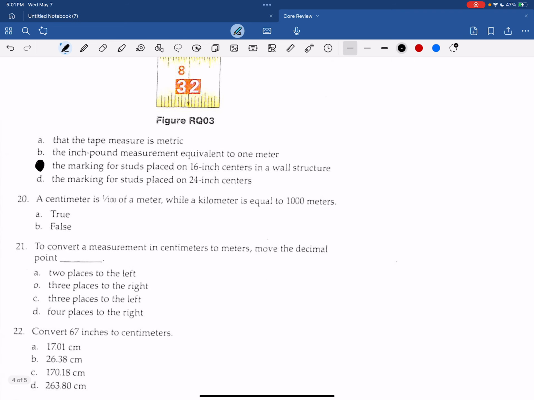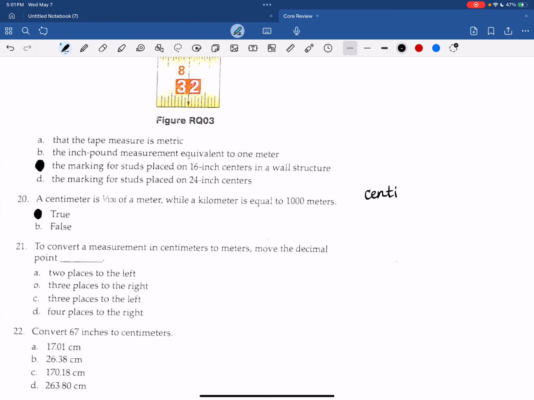Number 20 is a true-false question. A centimeter is 1/100th of a meter, while a kilometer is equal to 1,000 meters. This is a true statement. This is where those prefixes come in.